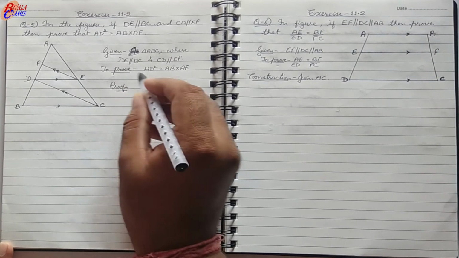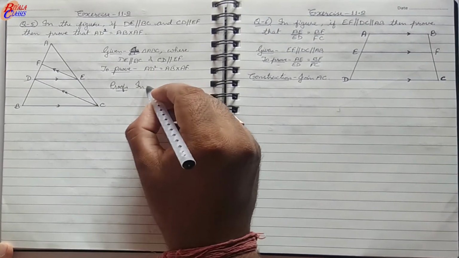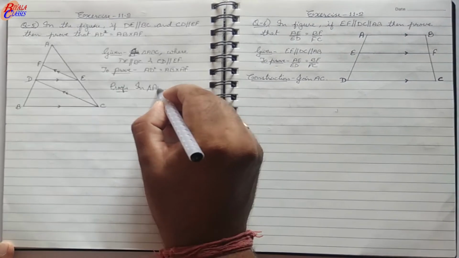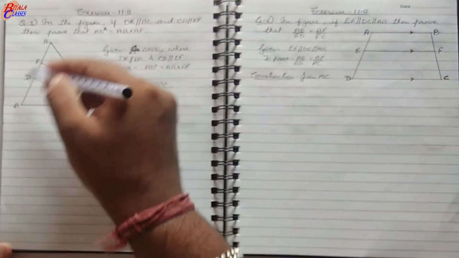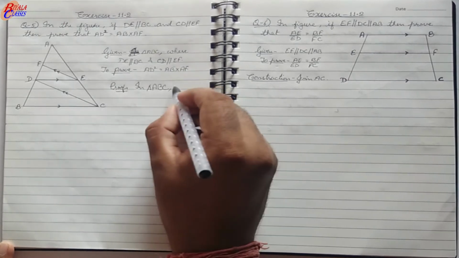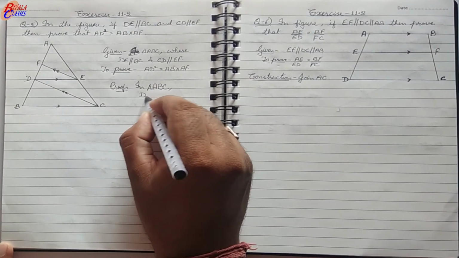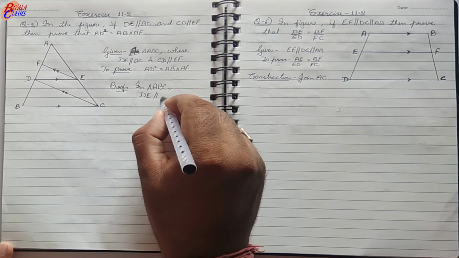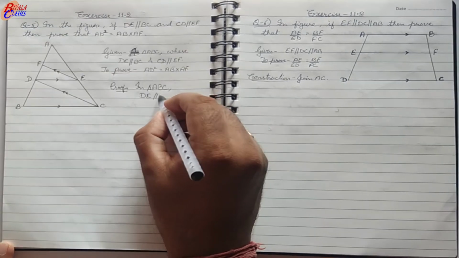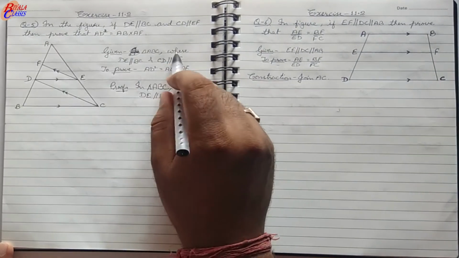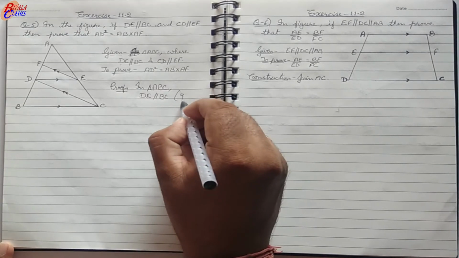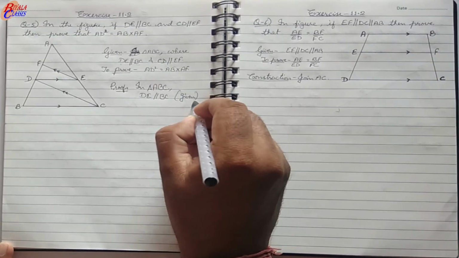Now in proof, if you consider the whole triangle ABC, you are given that DE is parallel to BC. This is a part of given here. So let us write down here given.